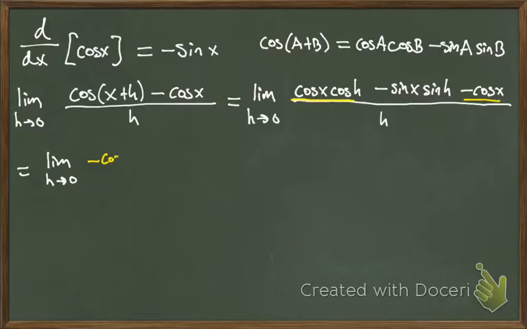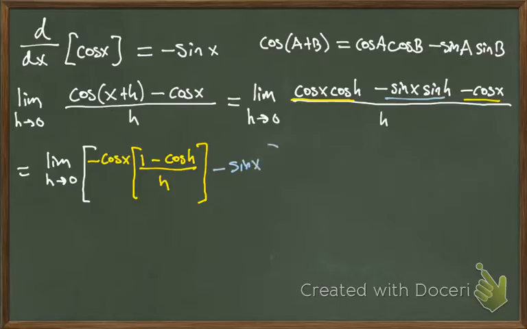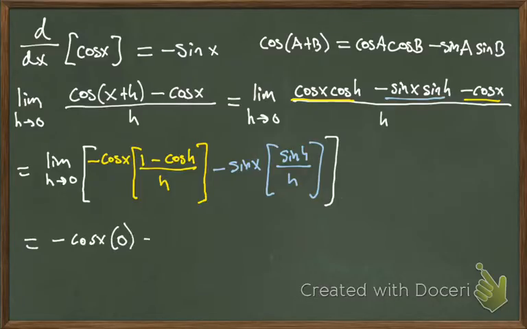We'll grab those two, minus cosine x comes out, and then we have 1 minus the cosine of h all over h, plus, well, we'll say minus, and pull out a minus sine of x. And there we got our two special limits. So it'll be minus cosine of x times 0, and then minus sine of x times 1, and that'll be minus sine of x.